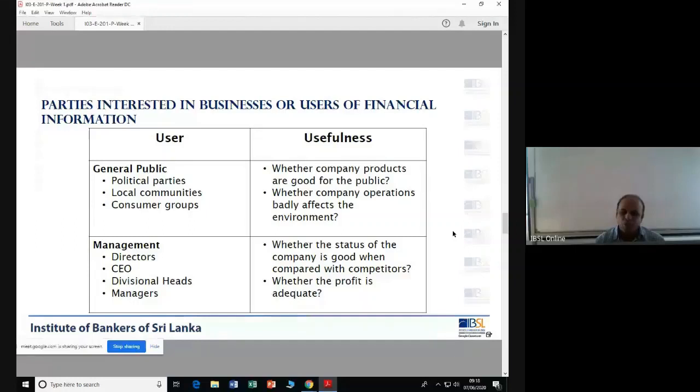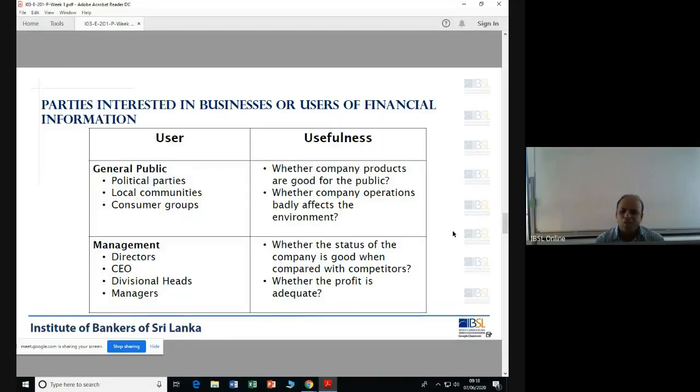So what does this board of directors do? Now they can't be running the business, so they hire people. They hire one person called the CEO, or the chief executive officer, or the managing director. In your respective organizations, you will have a person called the chief executive officer or the managing director, and above him, there could be the board of directors. And under the CEO, what happens?